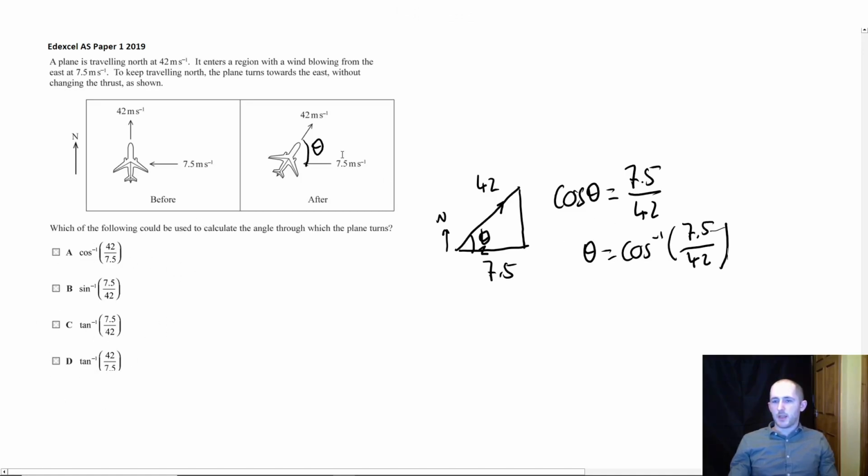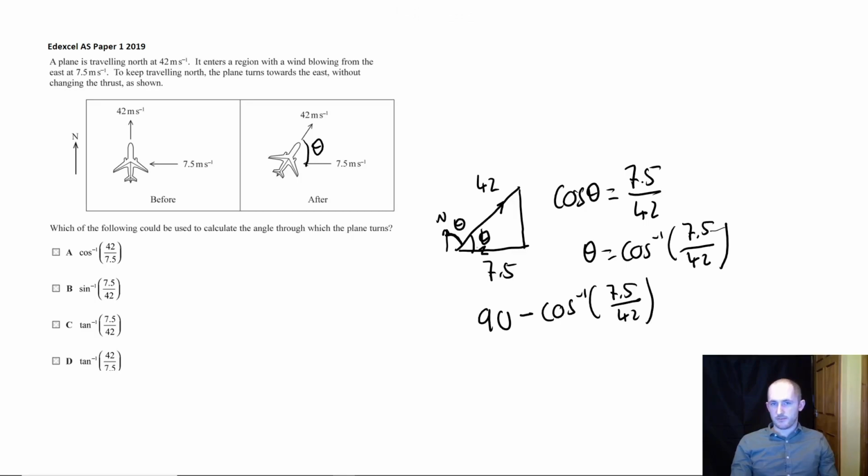Okay? So if you think about it, and this is where we have to be careful, that angle will give me theta over here. However, I'm actually looking for the direction that it turns, which would be this angle. How do I get that angle? Well, I do 90 minus inverse cos 7.5 over 42.